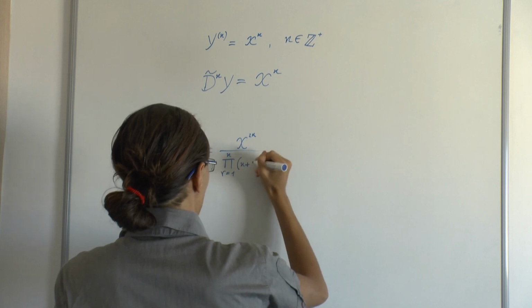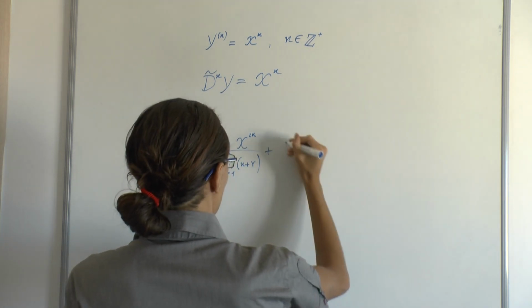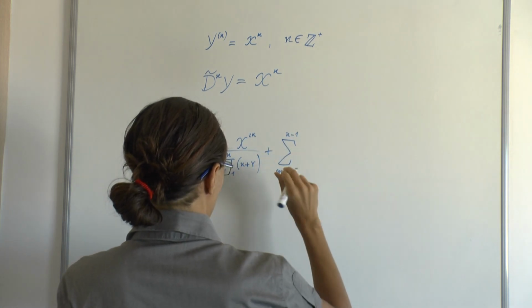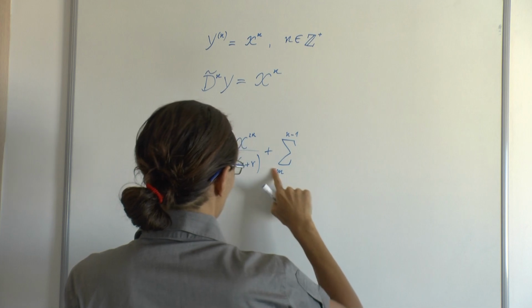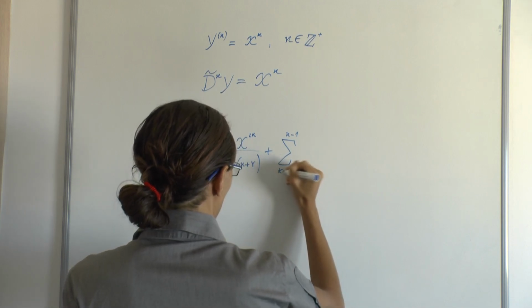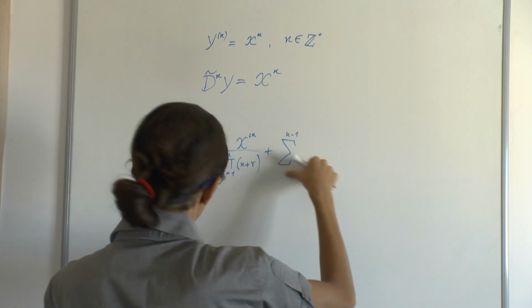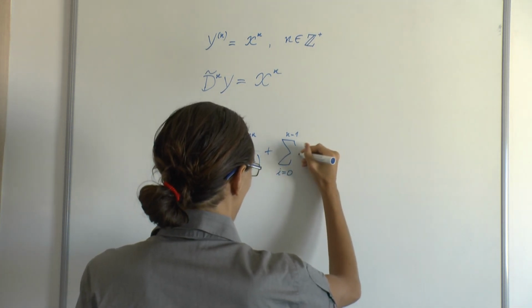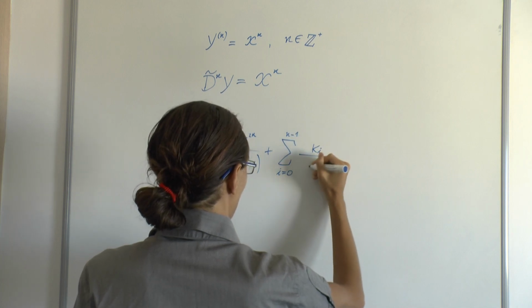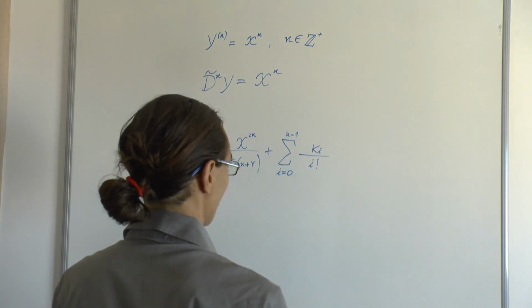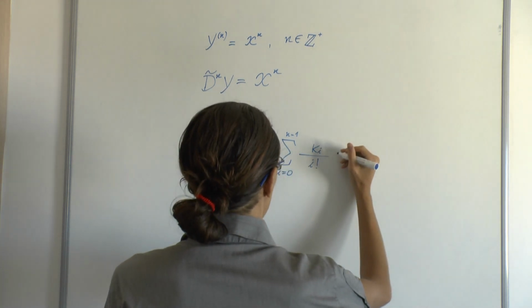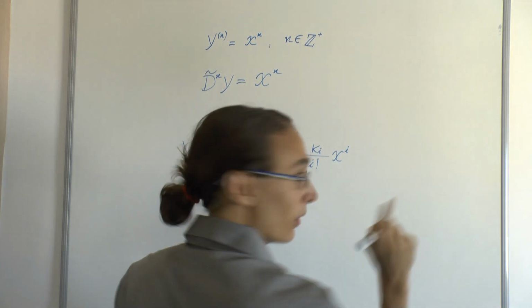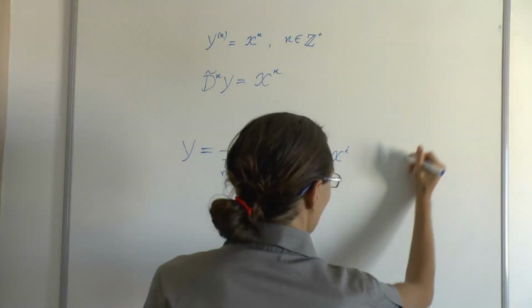Let's just do the sum from i equals 0 to n minus 1 of k_i over i factorial times x to the i.